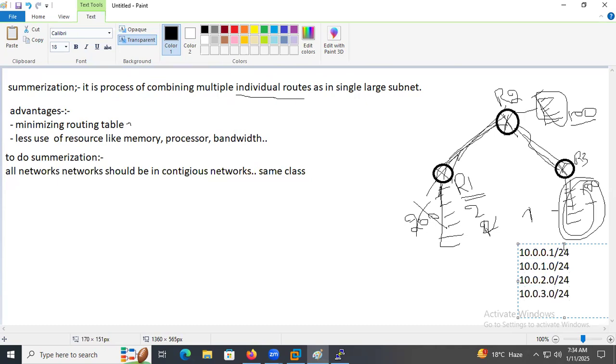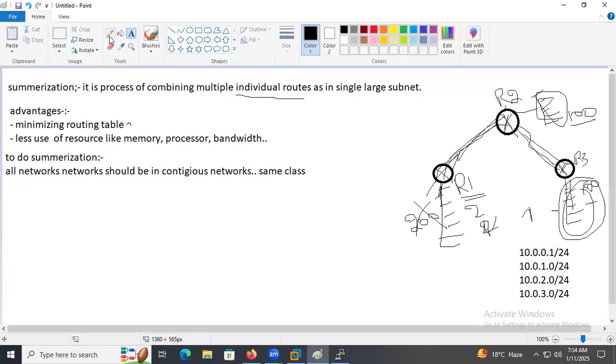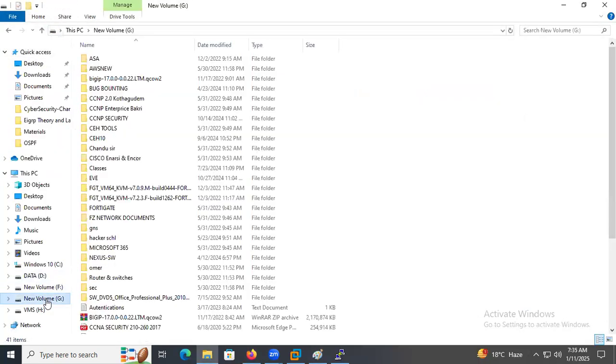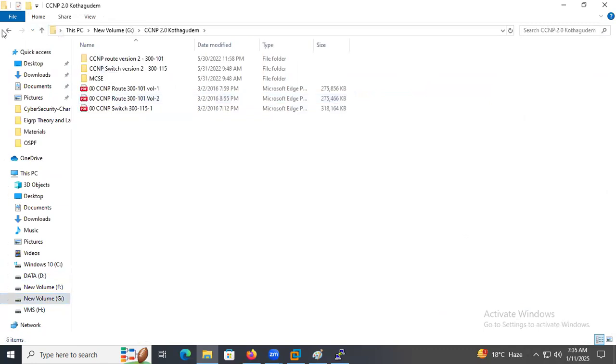You see here, these are contiguous networks, meaning they are from the same class, class A 10, but subnetted. Discontiguous networks: maybe some networks are 10, some networks are class B 172, some networks are 192. You see here, 172 is different, 192 is different, 10 is different. So for discontiguous networks, we cannot do summarization. It will be very difficult actually.